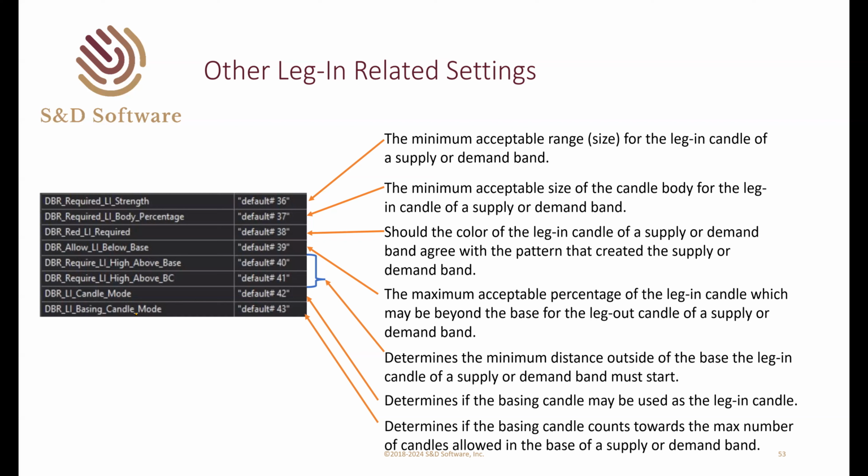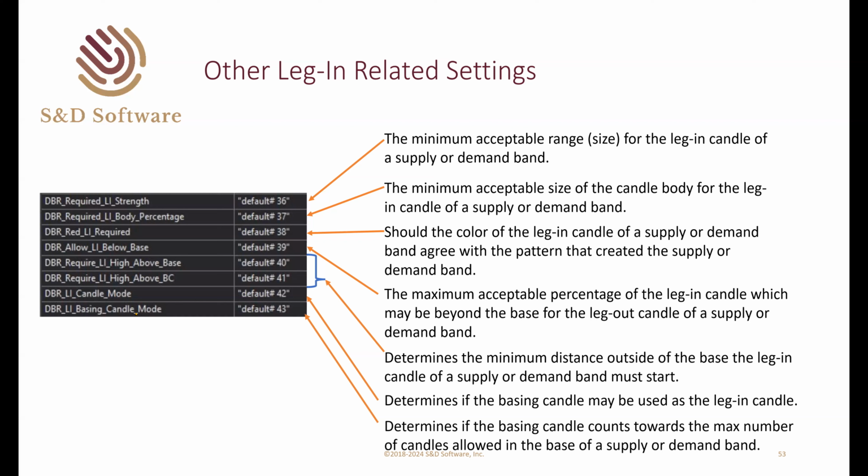And the reason for this is that we have a setting later on we're going to talk about which allows you to place a limit on the number of candles that may appear in the base of a supply or demand band.